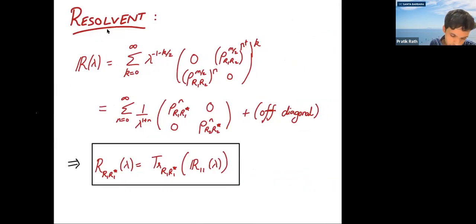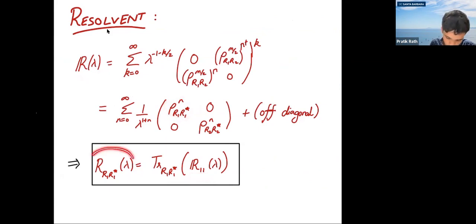So now this matrix resolvent has diagonal components that are relevant to us. We want rho to the power of n for R1 and R1 star, and this is the generating function of such density matrices. Eventually we'll look at the 1, 1 component, which picks out R1, R1 star, and do the trace.